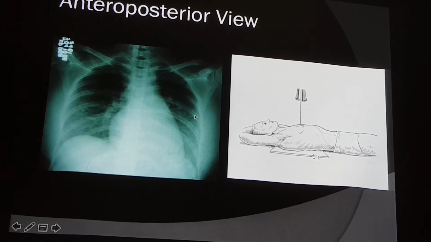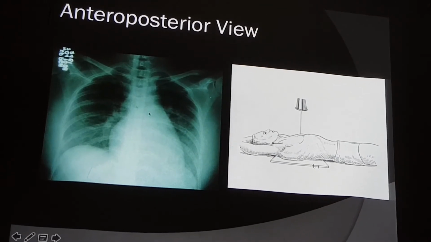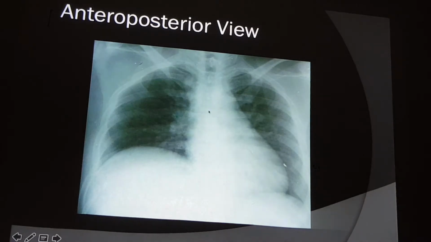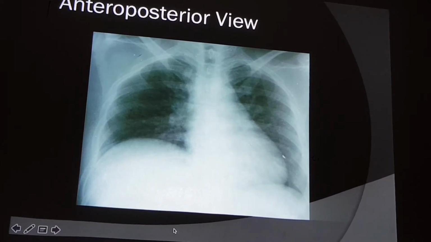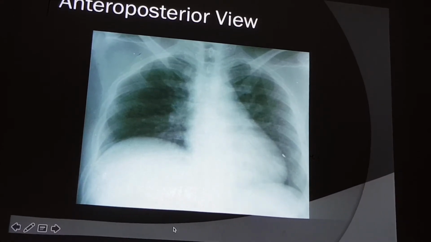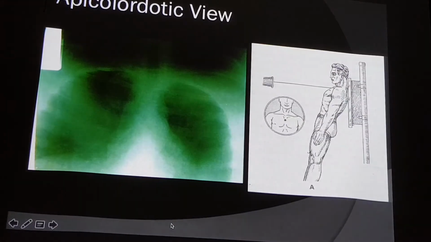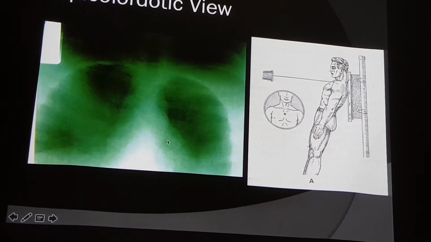That's why we have the AP view. The problem with the AP view is you can have pseudo magnification of the heart. The heart will appear enlarged and you usually have suboptimal inspiration. Okay, the next view is what we call the apicolordotic view.